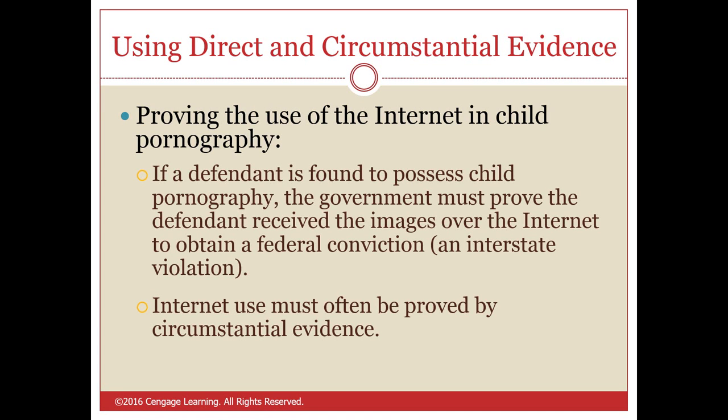The IP address for the internet service comes back to your name at your address, and at the date and the time that the images were being transmitted, it's been proven that none of your other family members were at home. So we don't have anything that directly links you to the crime, but we have a lot of circumstantial evidence that you could draw an inference from that would lead the jury to believe that, hey, it must have been you. It couldn't have been anybody else but you, so therefore you're going to get convicted.